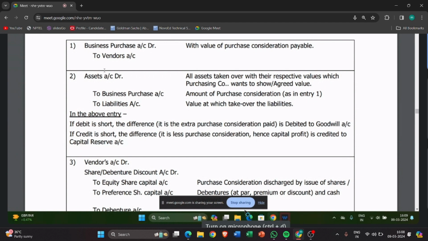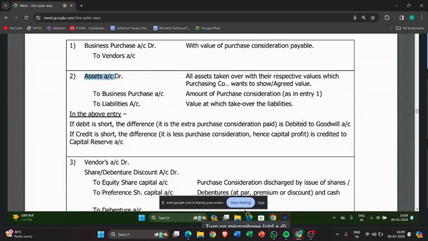Why? Because when will assets be less? When you are paying more. Your purchase consideration is much greater than the actual assets that you have taken over. So I have taken over your assets and your liabilities, but I paid you extra than that value itself. So I have paid you more than the net assets. Why have I paid you extra?